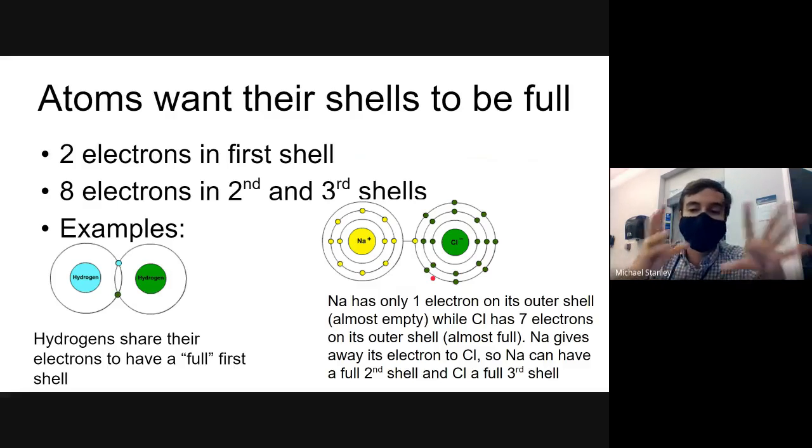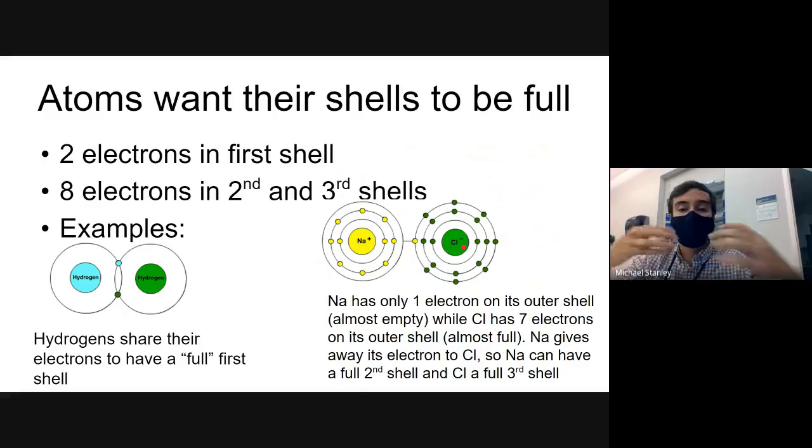If chlorine could just get one more electron in there, then it would have a nice full round 8 electrons on its third shell. So sodium and chlorine are both very, very reactive atoms. They really want to give away or take that last electron to get that full shell.